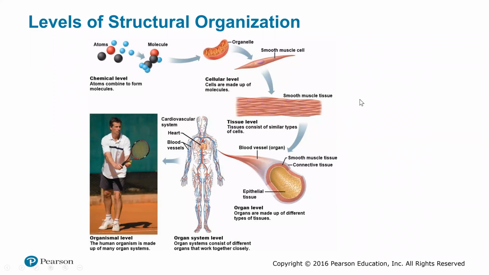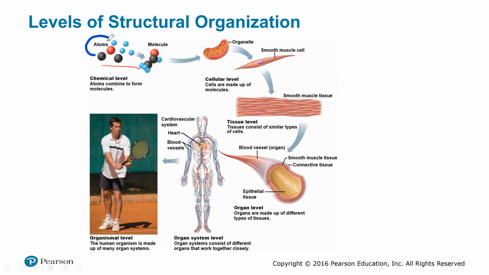The next slide shows us levels of organization within the entire organism. If you look at this diagram, you can arrange those levels from smallest to largest, or from largest to smallest. We're going to start with the smallest.